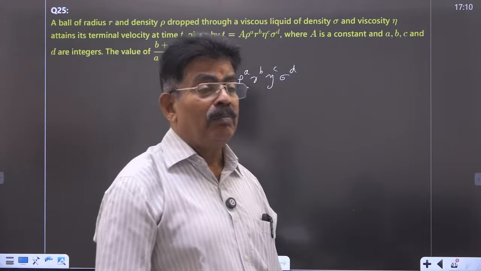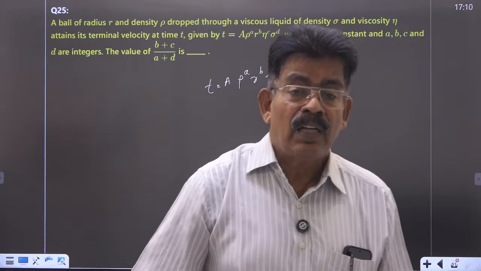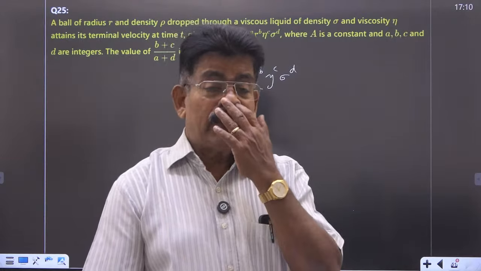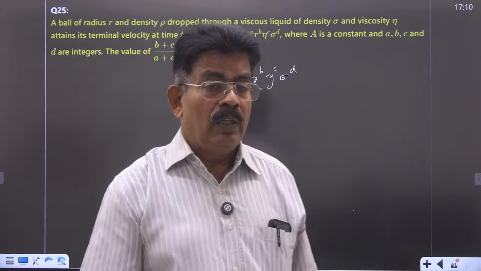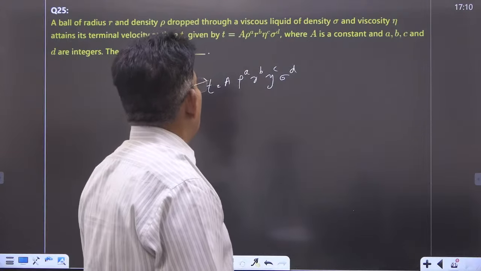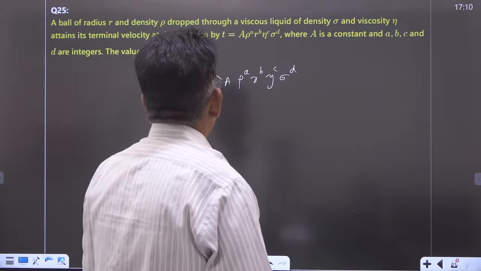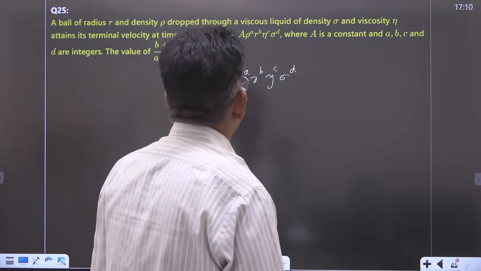We are equating dimensions of mass, length, and time. We can solve only 3 equations. But here 4 variables are coming. What are they? Rho, sigma, and one interesting thing we can find here. What is that?